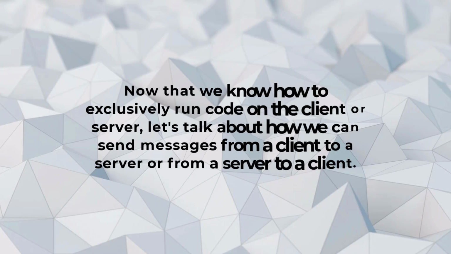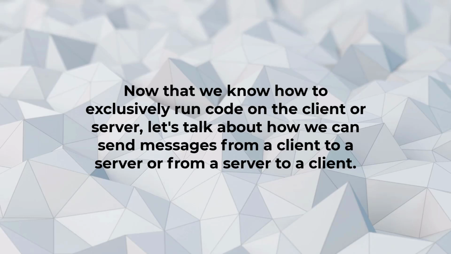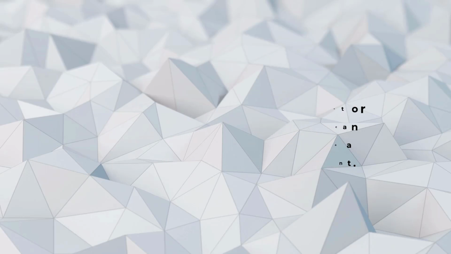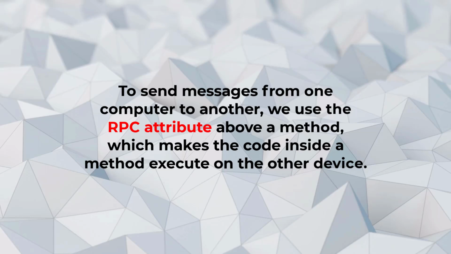Now that we know how to exclusively run code on the client or server, let's talk about how we can send messages from a client to a server or from a server to a client. To send messages from one computer to another, we use the RPC attribute above a method, which makes the code inside a method execute on the other device.